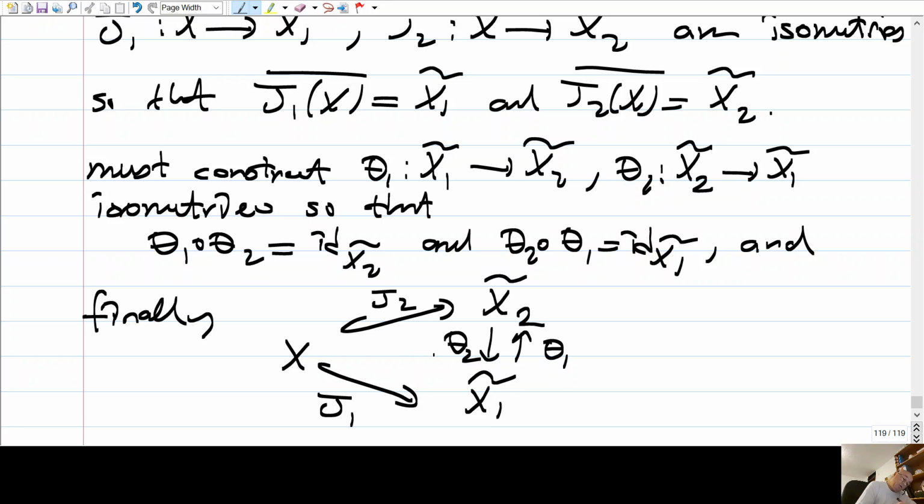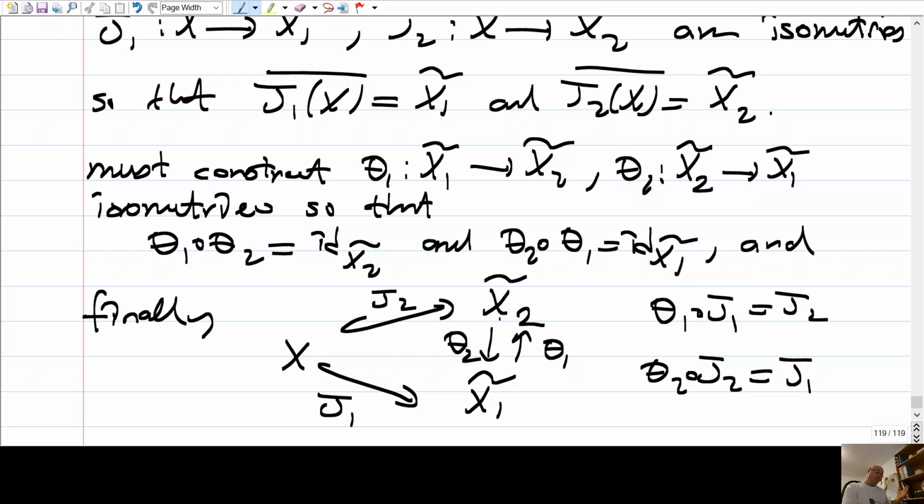In other words, if you go with J1 first and then theta 1, you get J2, or if you do it this way, first with J2 and then theta 2, you get J1.